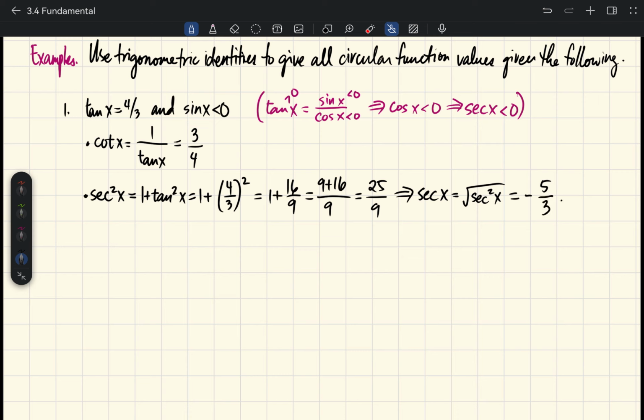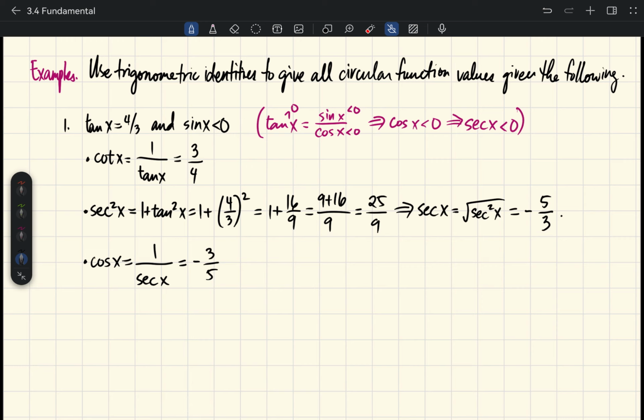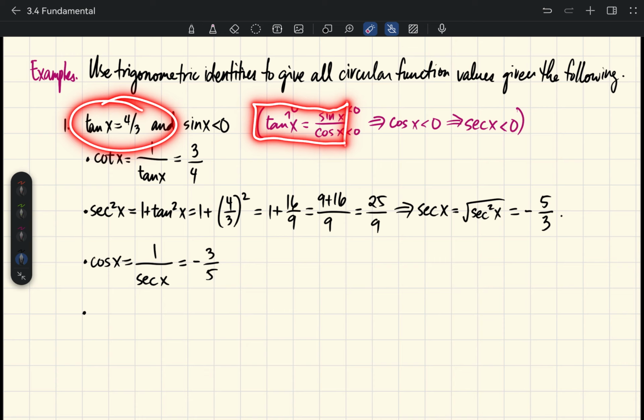Okay? And since you already have secant x, we can also get cosine x, which is equal to 1 over secant x, giving us negative 3 over 5. So now we have cotangent x, secant x, and cosine x. What's left is sine and cosecant. So first, how do we find sine of x? Take note, you already have tangent x, and tangent x equals sine x over cosine x.